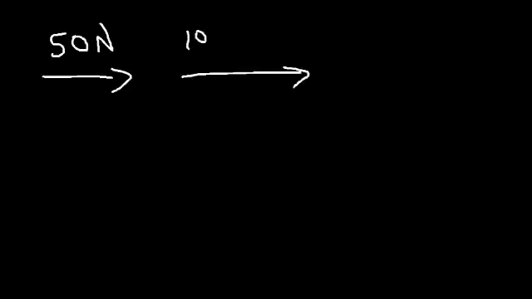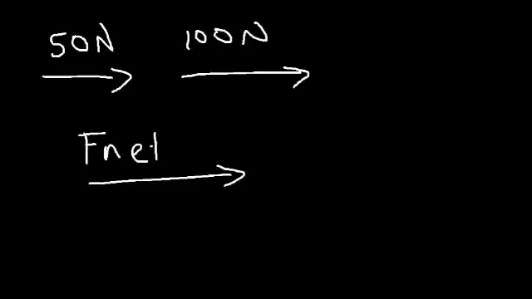Now let's say you have a force of 50 newtons directed to the right, plus another force of 100 newtons directed to the right. What is the net force? Whenever you have two vectors that are parallel to each other pointing in the same direction, the net force is the sum of these two vectors.